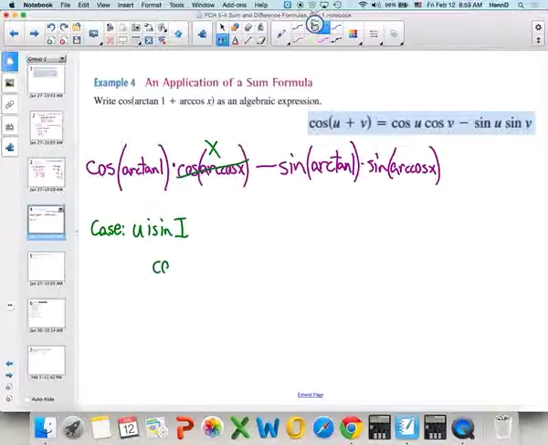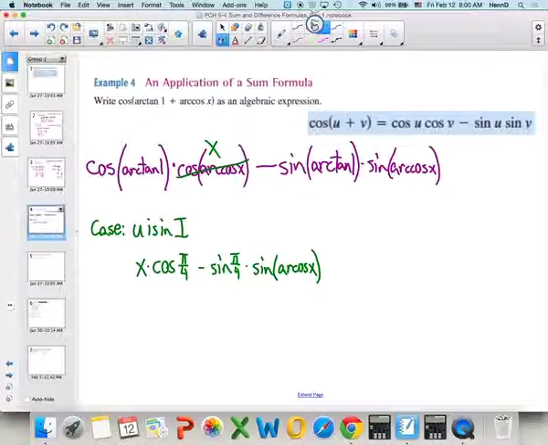So we would have the cosine of pi over 4 times the x minus the sine of pi over 4 times the sine of arc cosine of x. And guys, there's nothing really that we're going to be able to do with this.